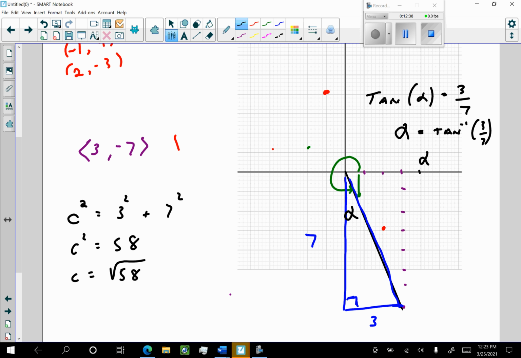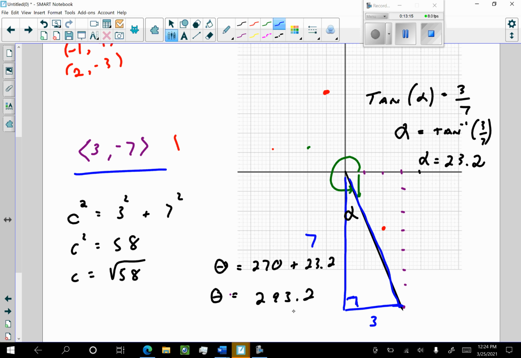So alpha is 23.2 degrees. But what is the direction of that vector? The direction, theta, will be 270 plus 23.2 degrees, which is 293.2 degrees. So the direction of this vector is 293.2 degrees, and the magnitude is square root of 58.